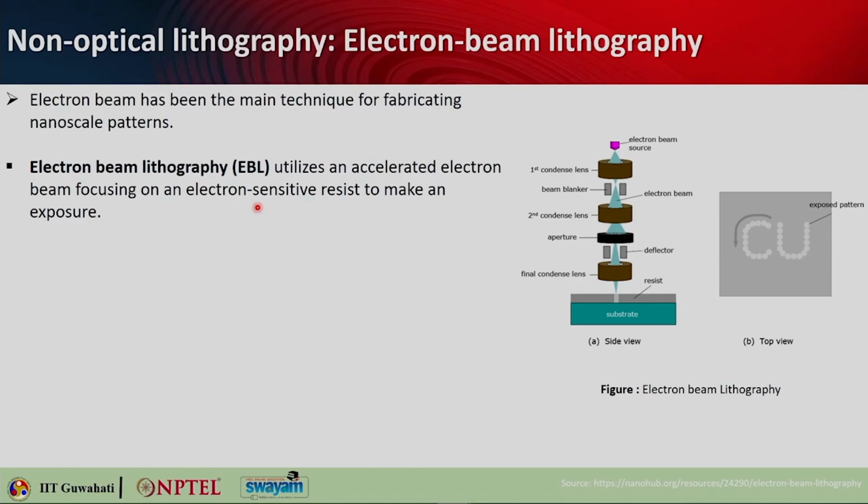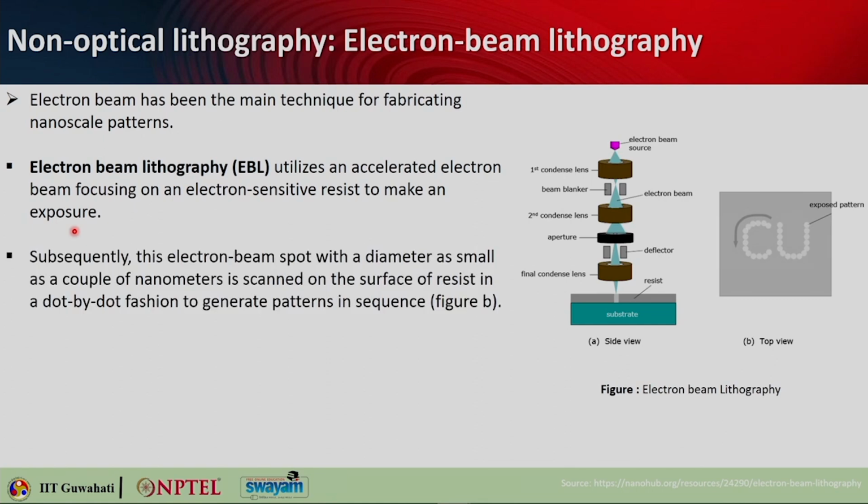In the previous case you used photoresist, which is sensitive to the UV light that is falling. Here you have to look for a resist that is sensitive to electrons, and that will help you to make the exposure.